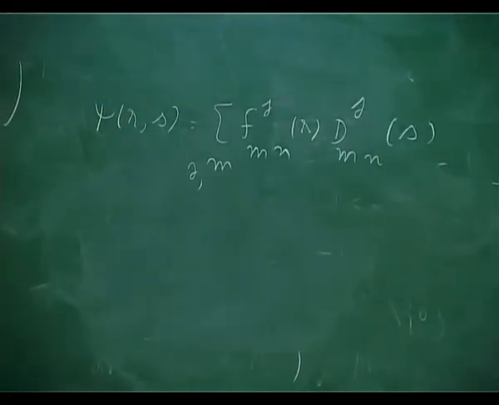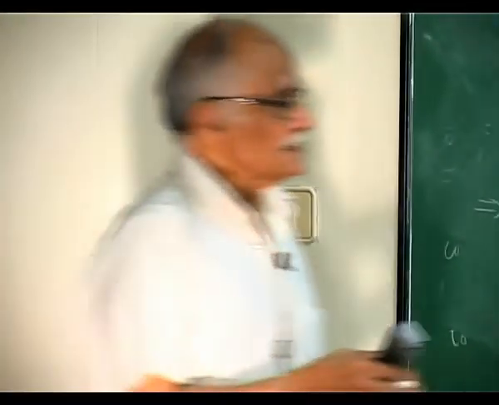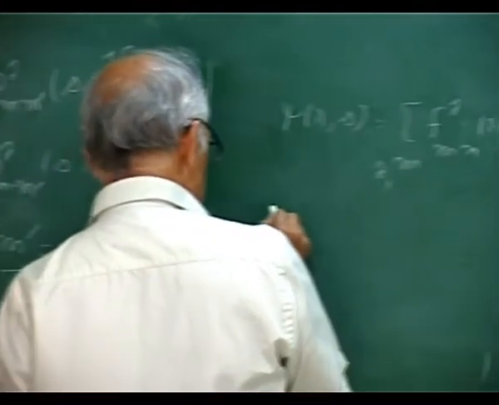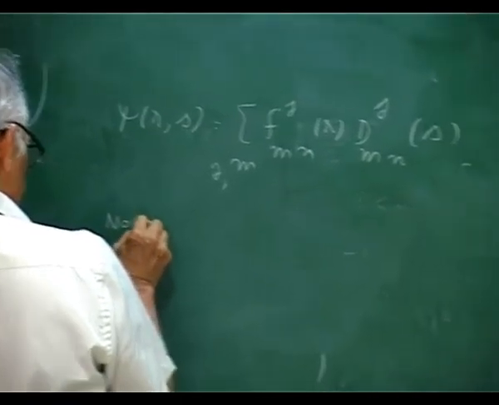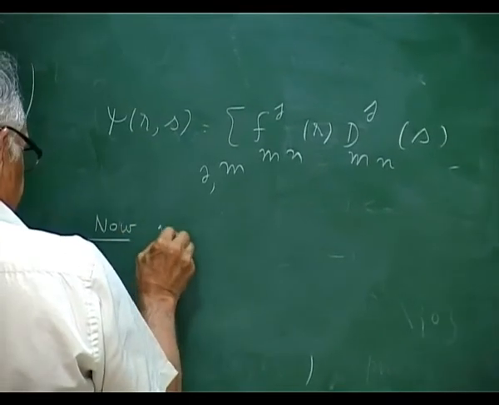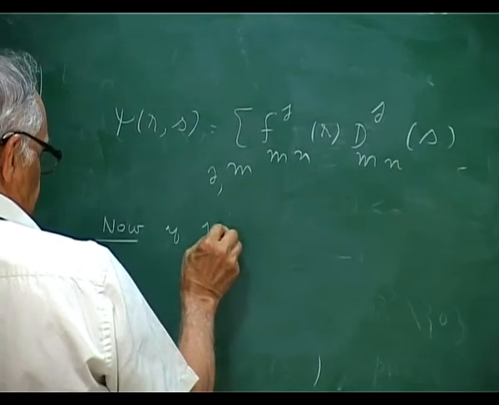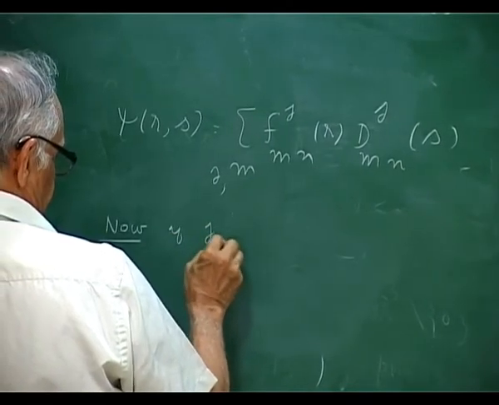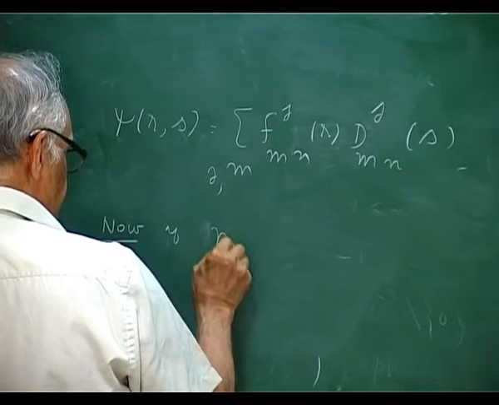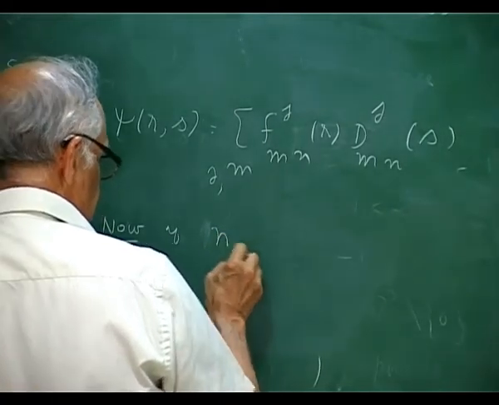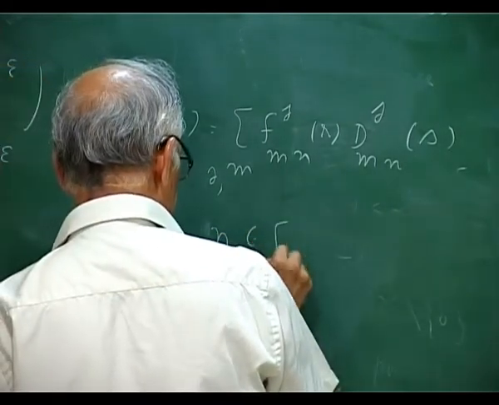So I got the wave functions. I can write the Hamiltonian out by Legendre transform, but never mind, I will come to the Hamiltonian in a minute. This is already very interesting. The first thing it says is, now we know that this n can only take values from minus j to plus j.